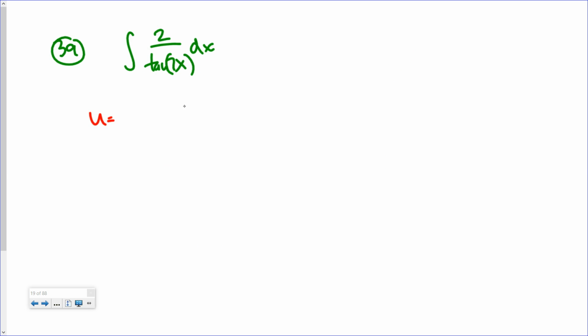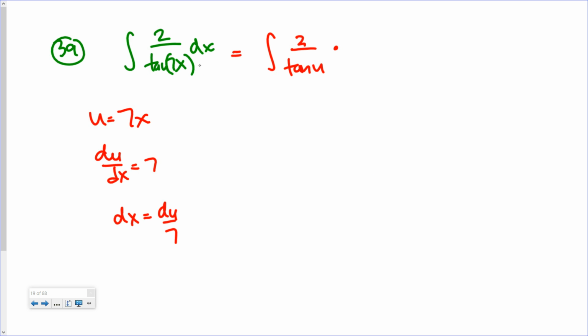Let me try 7x. That means the derivative of u is 7. That means dx is du over 7. Over here, I would get 2 over tangent u times, let me make sure I'm doing the right things. I'm going to replace my u, and I'm going to replace my dx. So this is 2 over tangent u, and dx I know is du over 7.